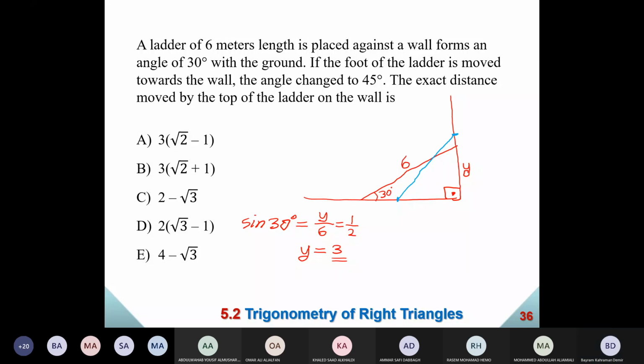The ladder is not changing. The blue line is again 6 meters. Just make sure you are not getting confused. And the angle of elevation is now 45 degrees.